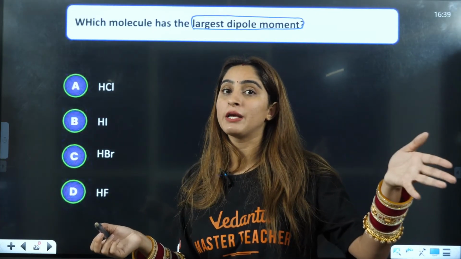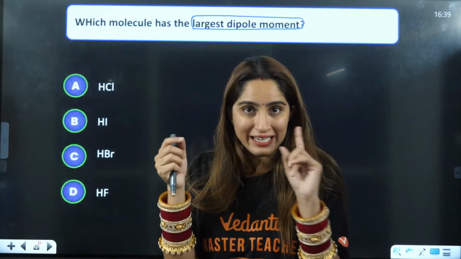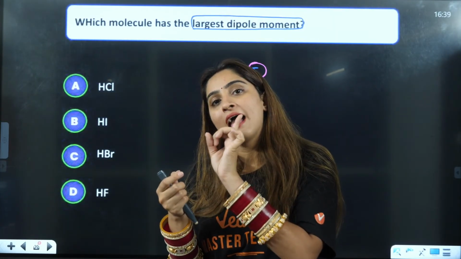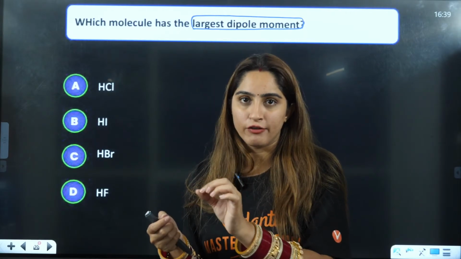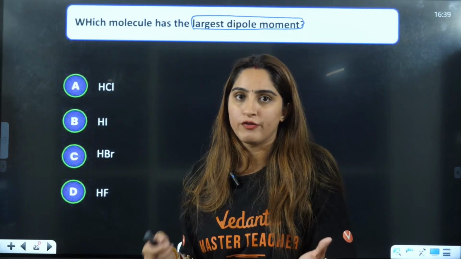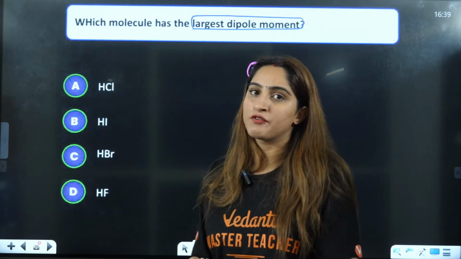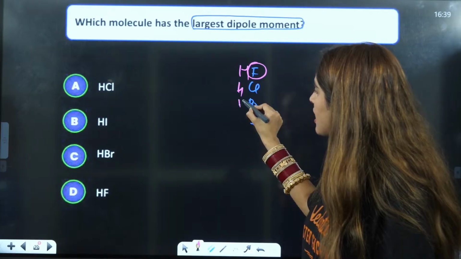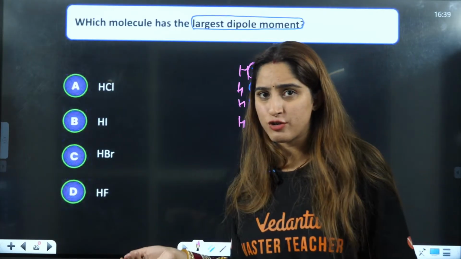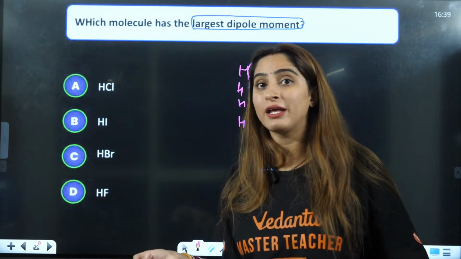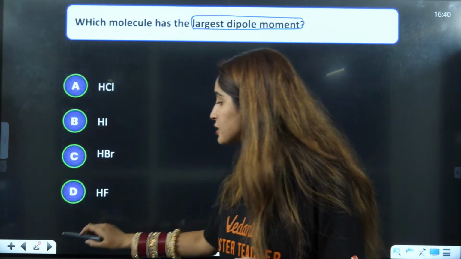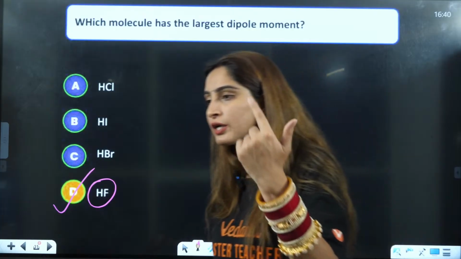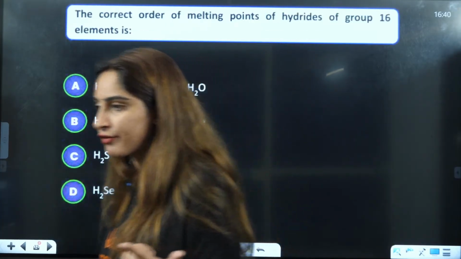Maximum electronegativity means the difference between hydrogen, or you can say proton, and the halide ion, that is F negative or I negative or Cl negative, that is going to be X negative, is going to be maximum in this HF, right? Because hydrogen is having the same electronegativity, but fluorine, chlorine, bromine, iodine have different. Fluorine has maximum, that is the reason fluorine will have the maximum dipole moment because of the electronegativity difference here.